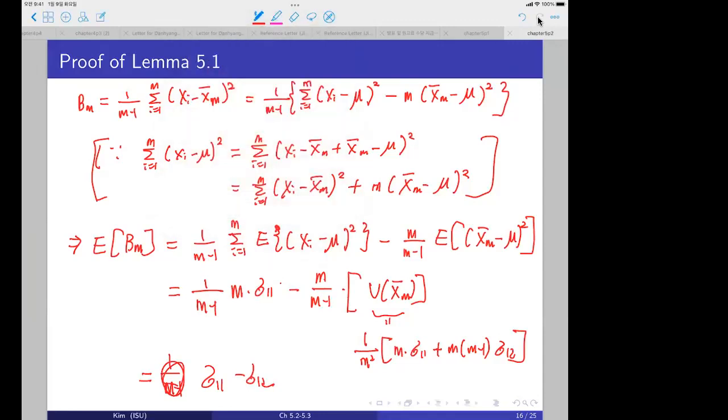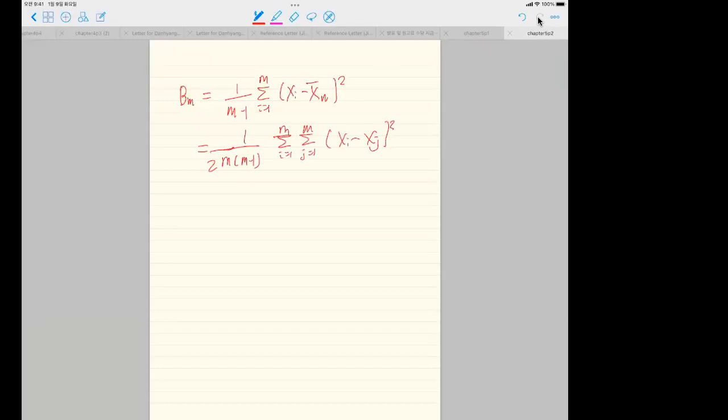Actually, let me quickly give you another trick. I think there's another, much easier way. You can use this. This is another identity.